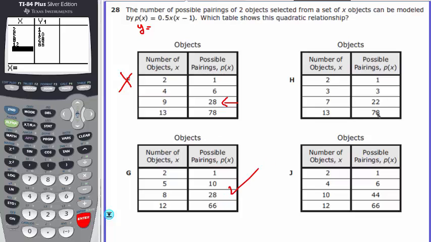Now let's make sure to check the other ones. So let's go back and check the other ones. So it would be 2, 3, 7, and 13.